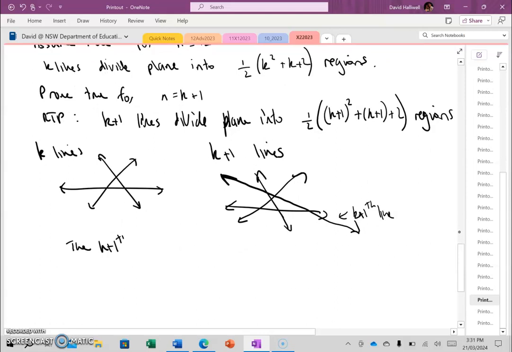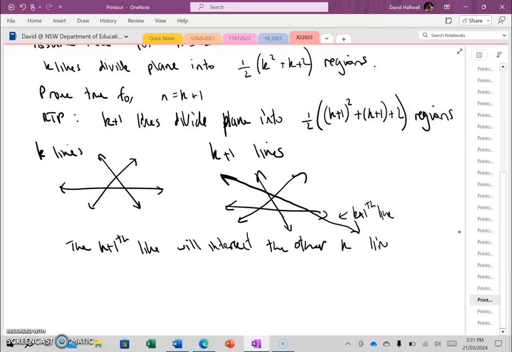So the k plus 1th line will intersect the other k lines, causing an extra k plus 1 regions to form.